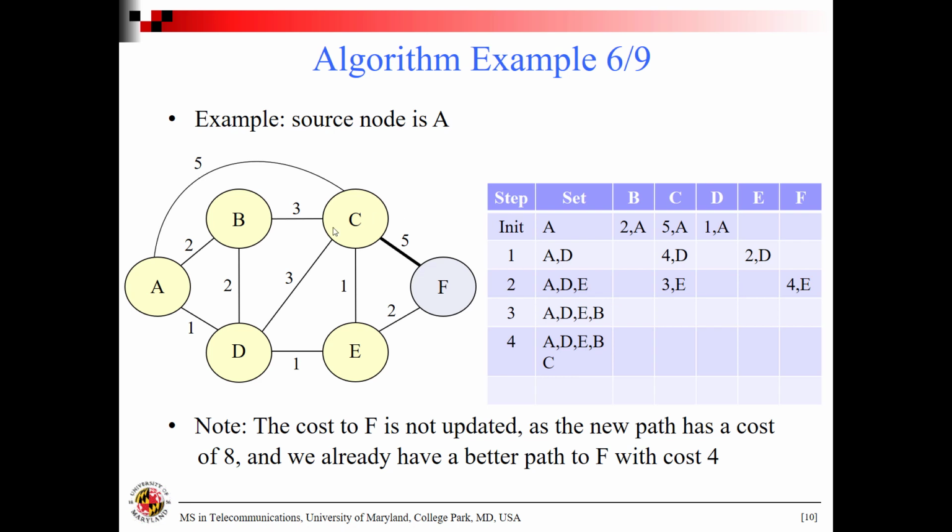Now we have only one neighbor for node C which is not in the set, and that's F. So let's see if we can update it or not.